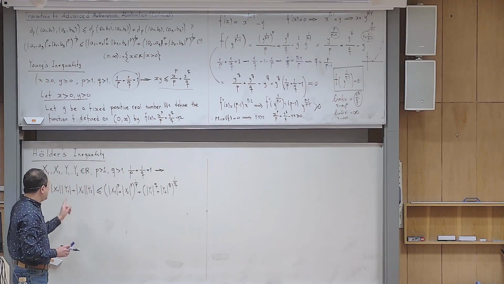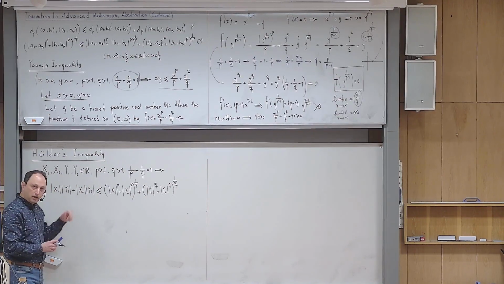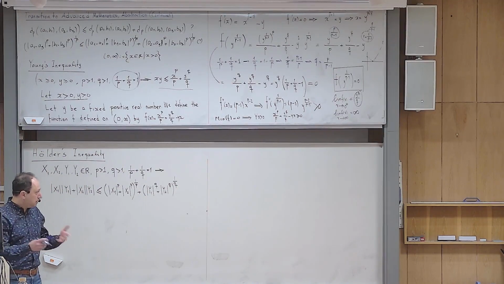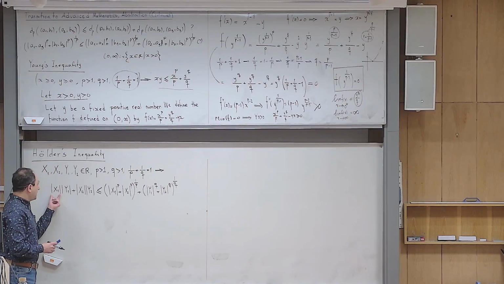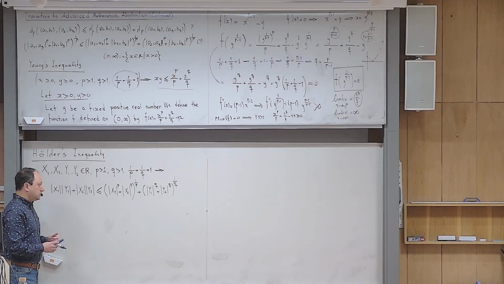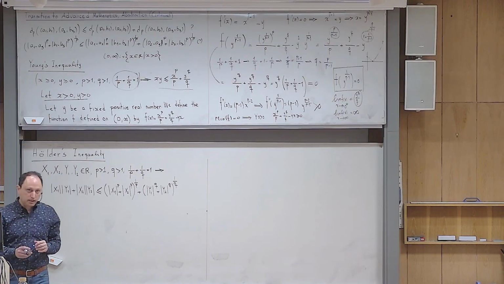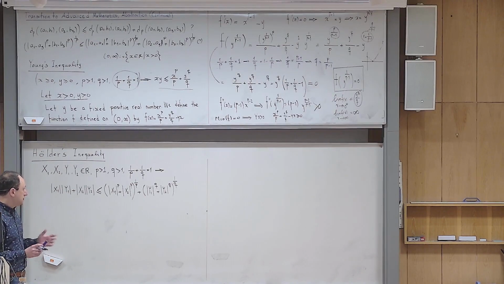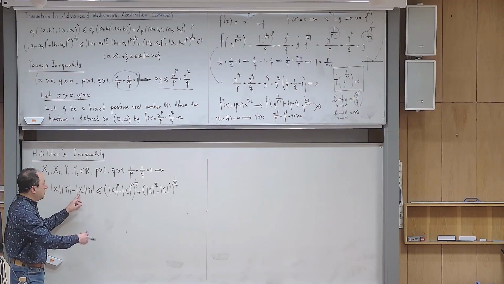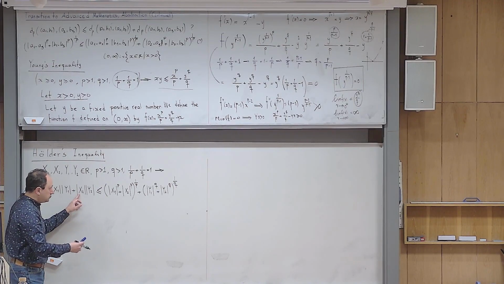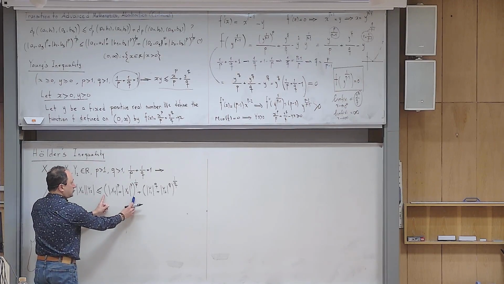And for the same reason, if y1 and y2 are simultaneously 0, again, I am done. So in my proof, I'm assuming that it is not the case that x1 and x2 are simultaneously 0, and not the case that y1 and y2 are simultaneously 0. If I can prove this, then I am done. So x1 and x2 are not simultaneously 0. What does it mean? It guarantees that this expression is non-zero.